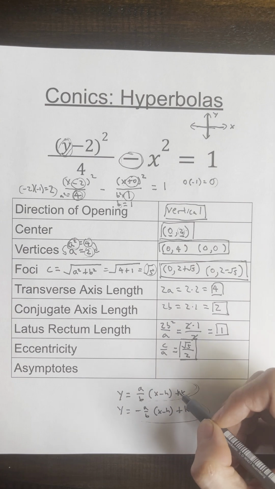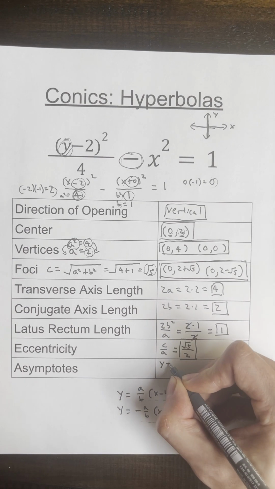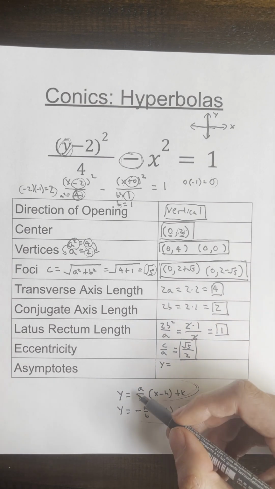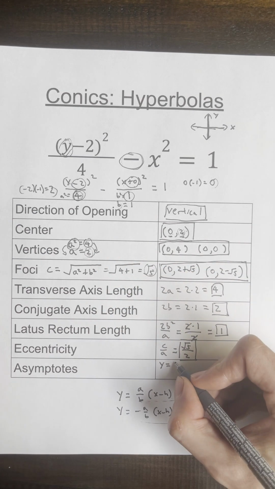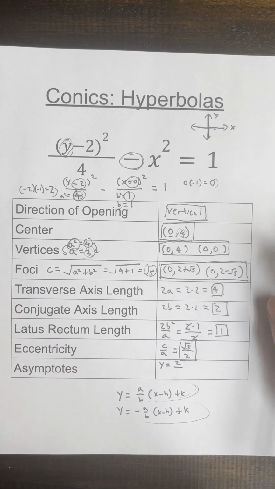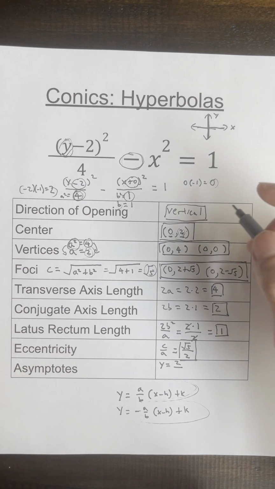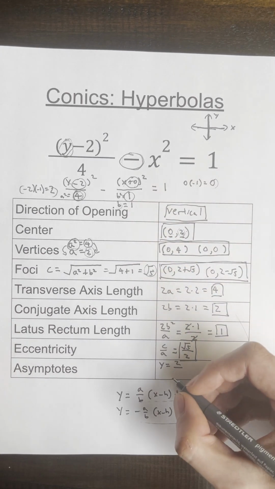So it's going to be y equals, how much is a again? 2. B was how much? B was 1.